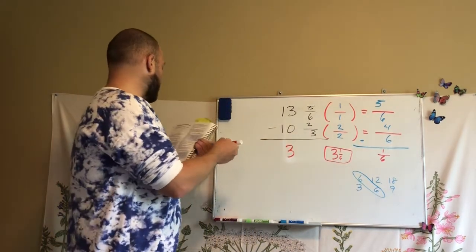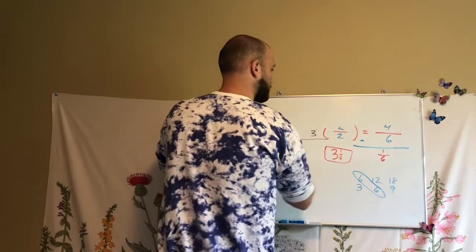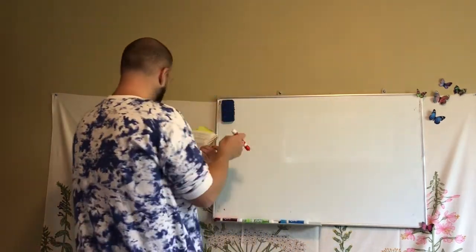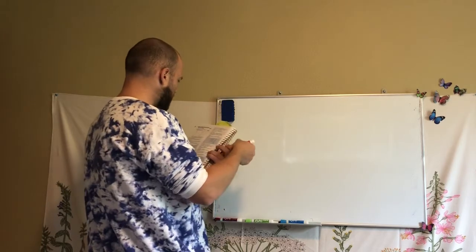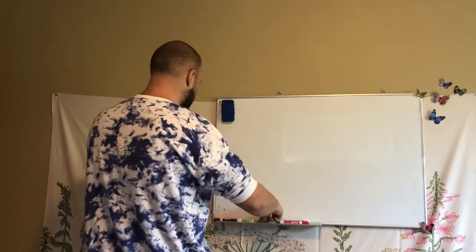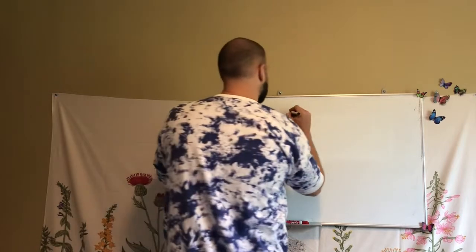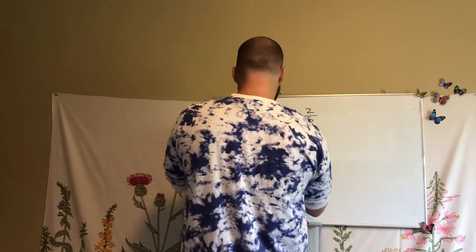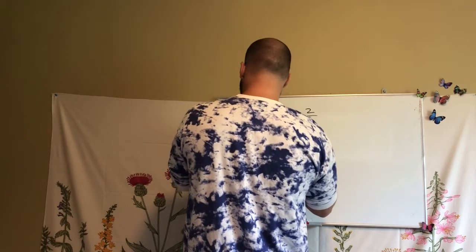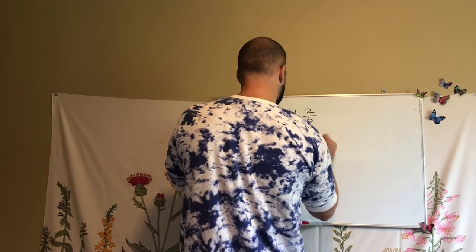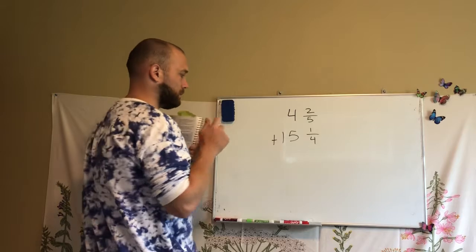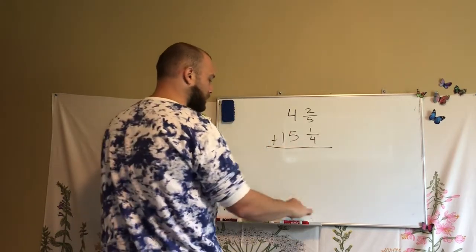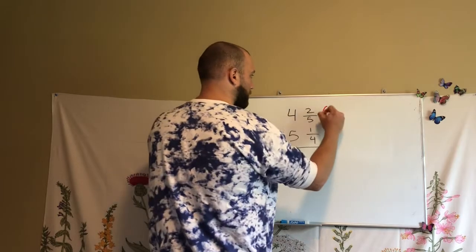I'll do one more with you. Problem B, 4 and 2/5 plus 15 and 1/4. Again, denominators are not the same, so let's make them the same.